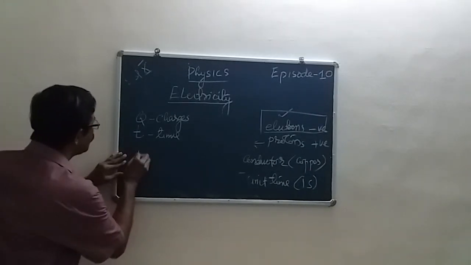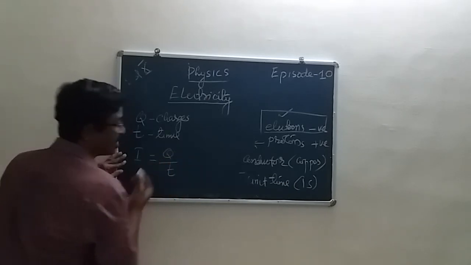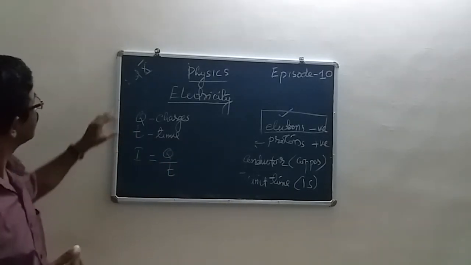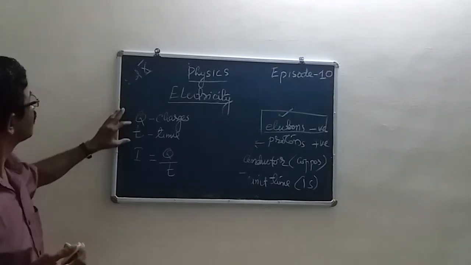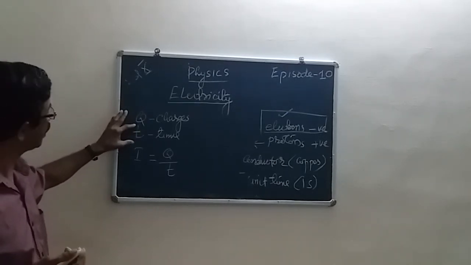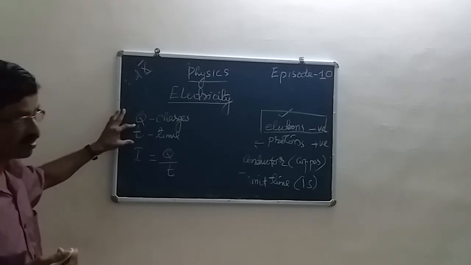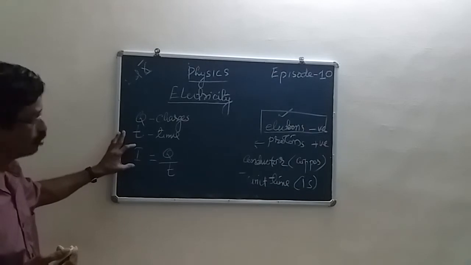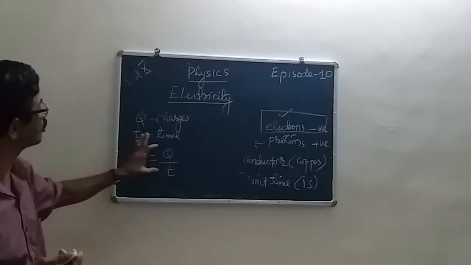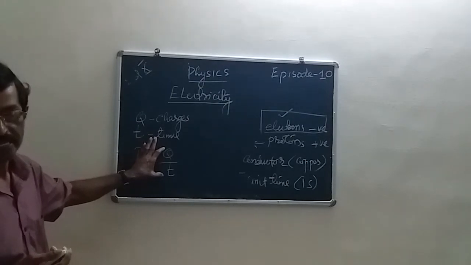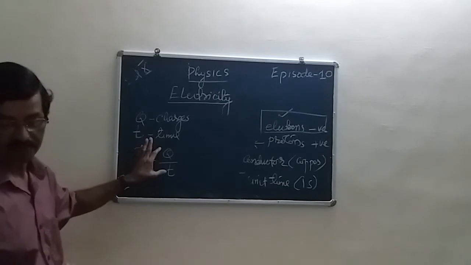I is equal to Q by T. Q is the quantity of charge passing through a particular cross section in time t, then the current through that conductor I is equal to Q by T.